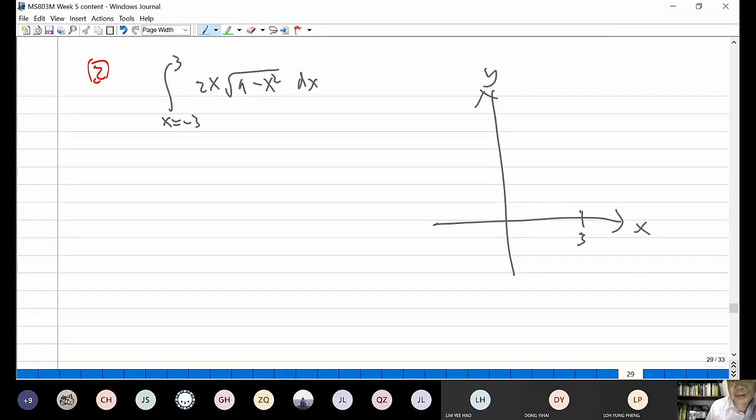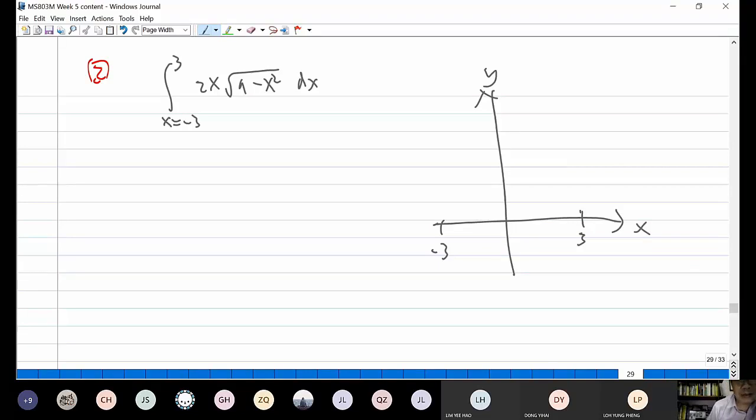Because if x goes beyond 3, you get trouble finding the square root of 9 minus x squared. So x going beyond 3, you cannot find the answer, no value already. And below -3 also. So your x is only between -3 and 3, because beyond that you cannot take the square root. So the value of x is always between -3 and 3.